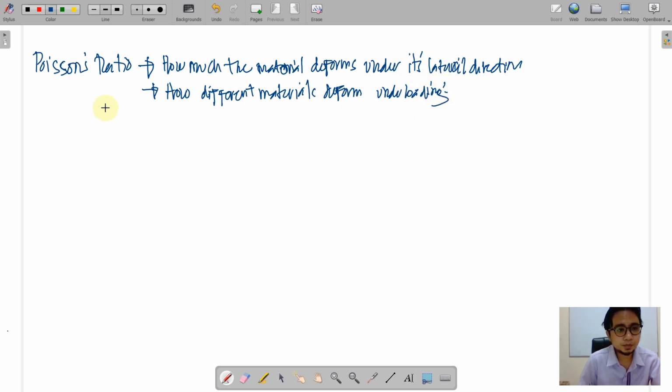Okay, so when we talk of Poisson's ratio, we should note some directions here and distinguish whether it is longitudinal or lateral, longitudinal and lateral dimension. Say we have here a simple figure on the bar.